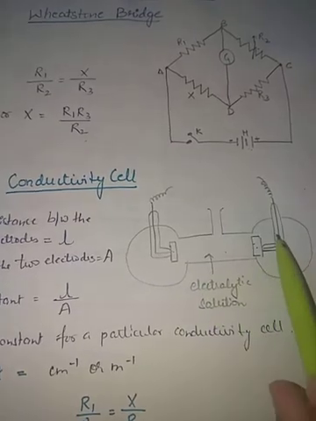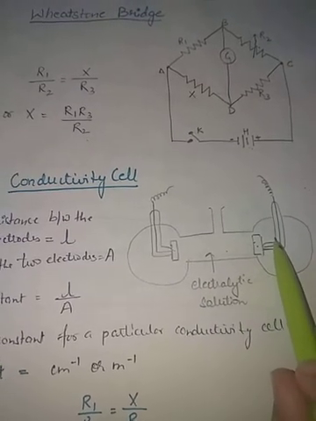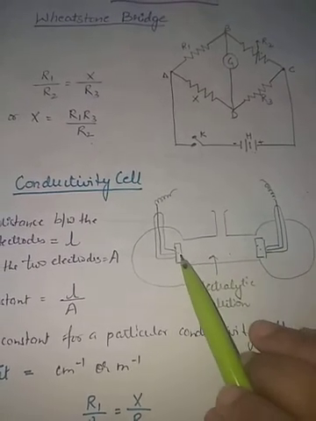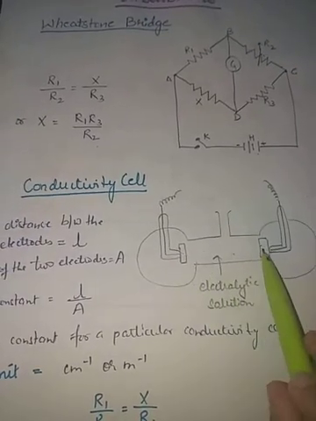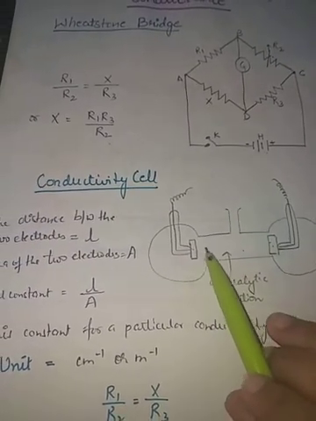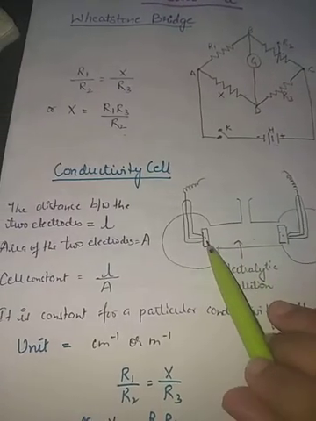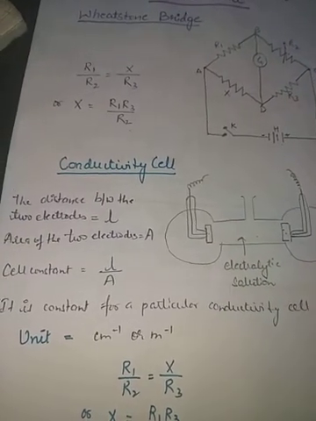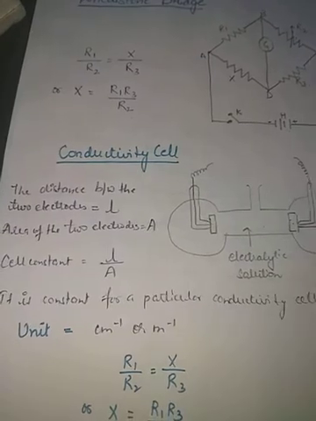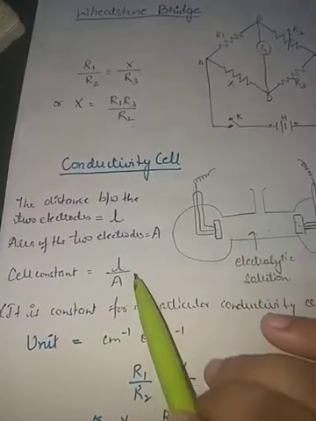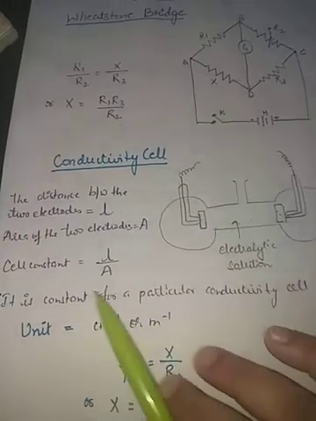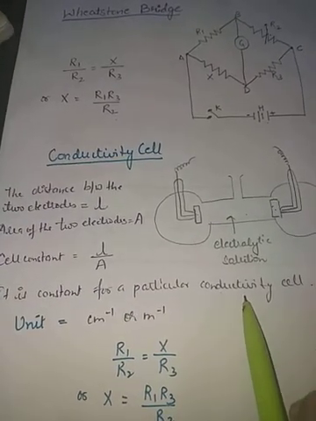And one more thing was done to minimize the effect of polarization. These two electrodes were coated with finely divided platinum black. L was the length, or the distance between the two electrodes. A was the area of cross section of the electrodes. So cell constant equals L by A. It is constant for a particular conductivity cell.